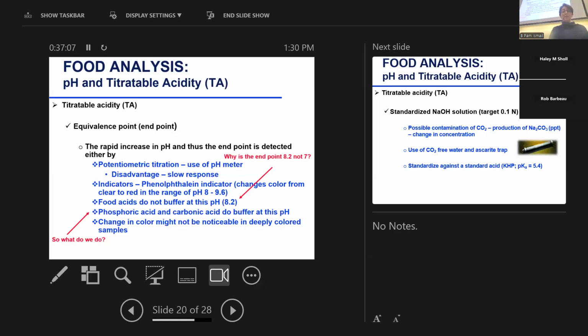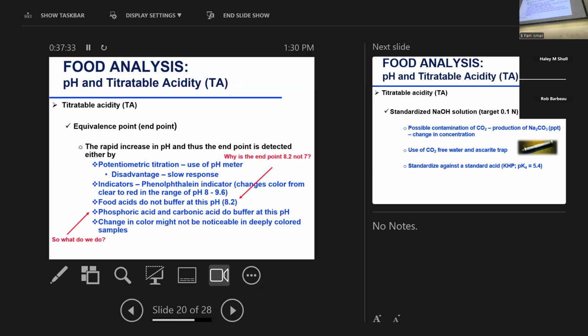But we have a problem with the presence of phosphoric acid and carbonic acid. These inorganic acids buffer at pH 8.2. So if you have them in the system, it will be hard to get to the end point and see the color. You will practice in lab this titration with a sample that you did not remove CO2 from.